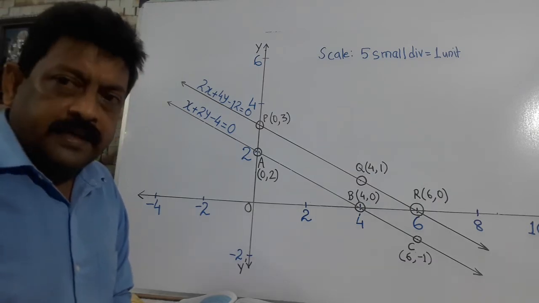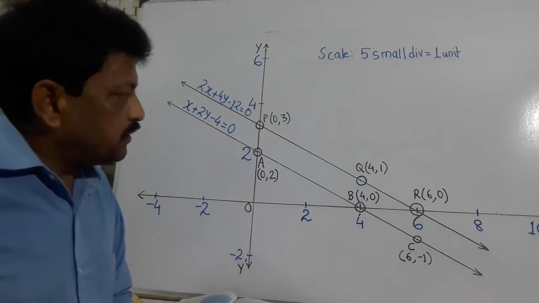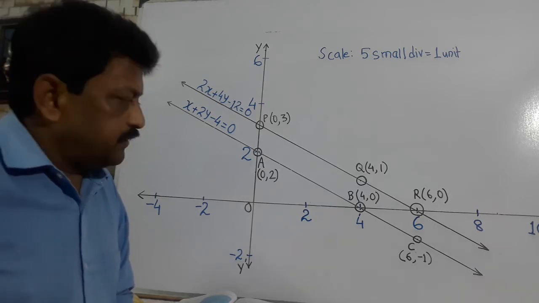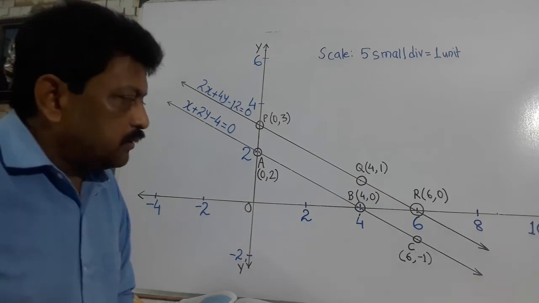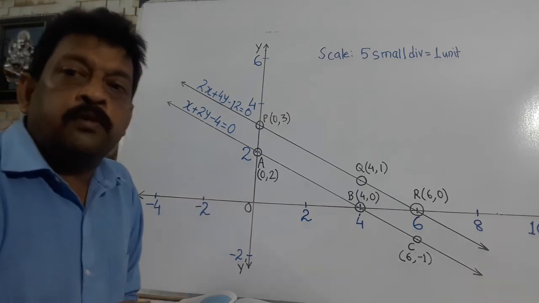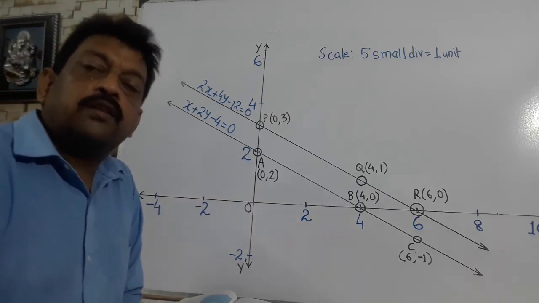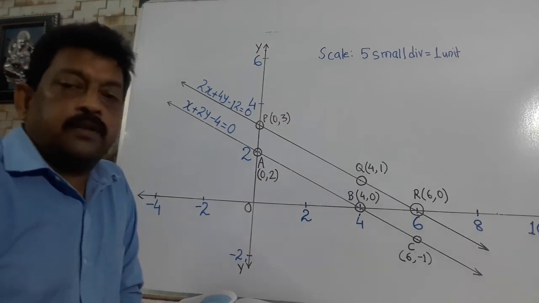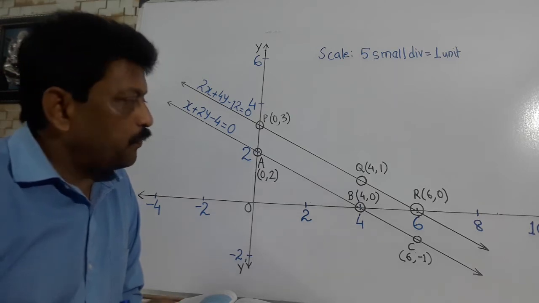Therefore this is the second type. The first one was intersecting lines, and this is parallel lines. Now if we want to find a solution, we will not get any solution because there is no common point between these two lines. As they are parallel to each other, they will never meet, hence there is no common point, no common solution.